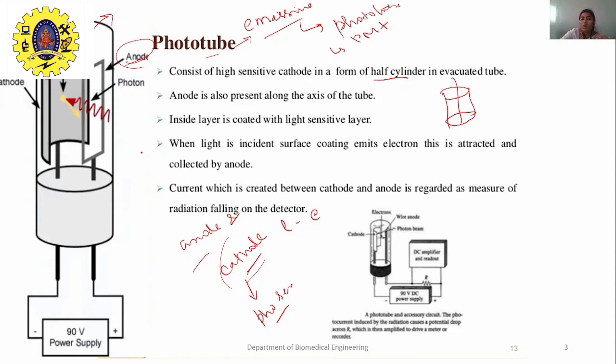When you measure this anode current, it is directly proportional to the light striking the cathode. So the photons, a non-electrical parameter, are now converted into electrons, an electrical parameter. That is the motto of this phototube, right?